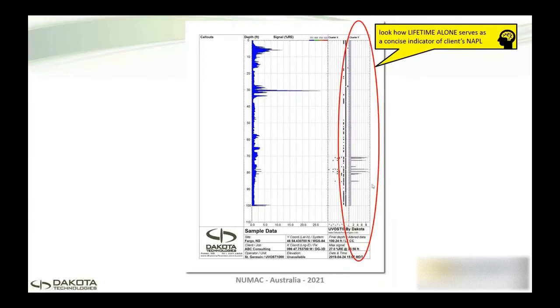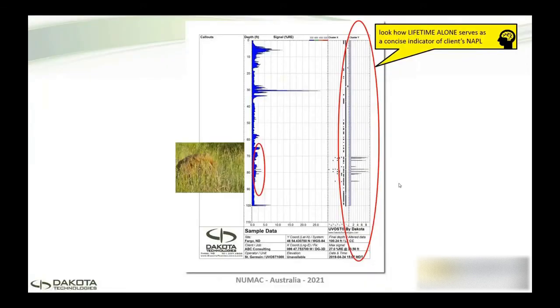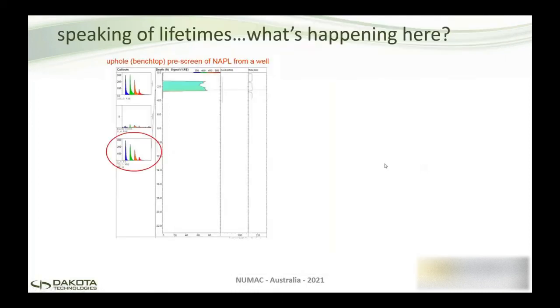Because it's a different type of fluorescence, it's easy to weed that out, right? So the needle hiding in the grass there was pretty easy to spot once you apply that lifetime analysis. And for a lot of our clients and ourselves lately, that's become an easy button, using those lifetimes, maximizing their value.